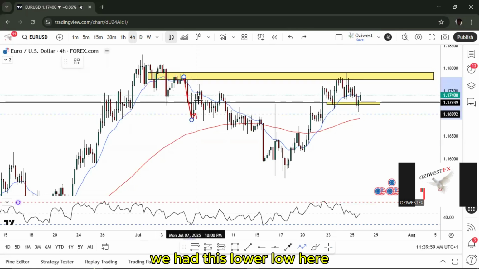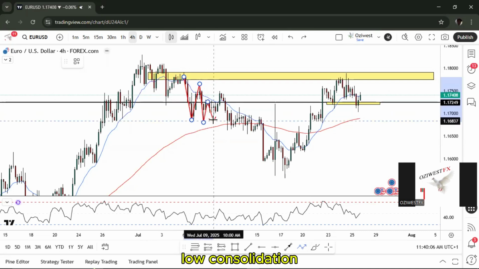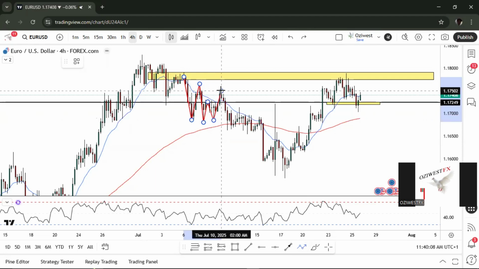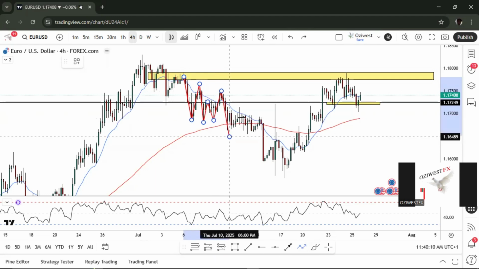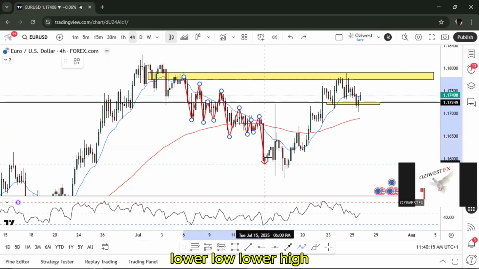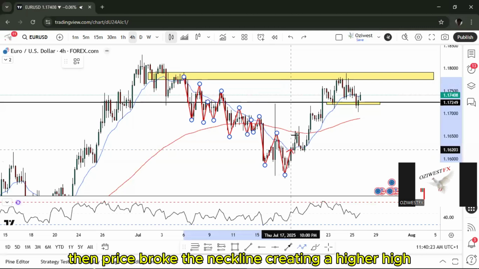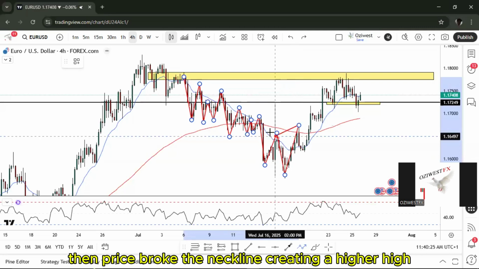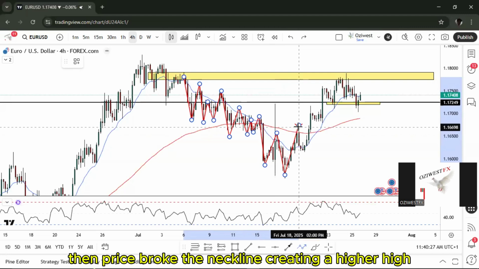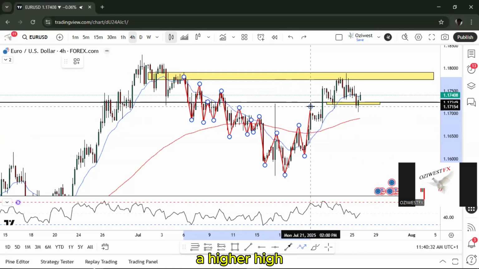We had this lower low, lower high, consolidation, a lower low, lower high, consolidation, lower low, lower high. You can call this a double bottom if you want. Then price broke the neckline, creating a higher high, followed by a higher low, a higher high.